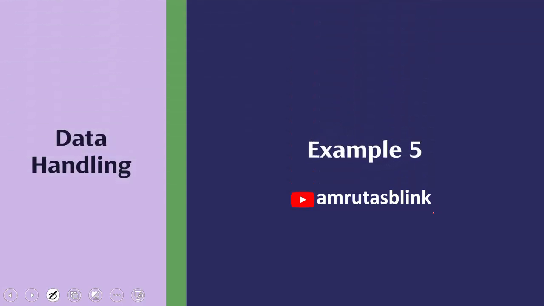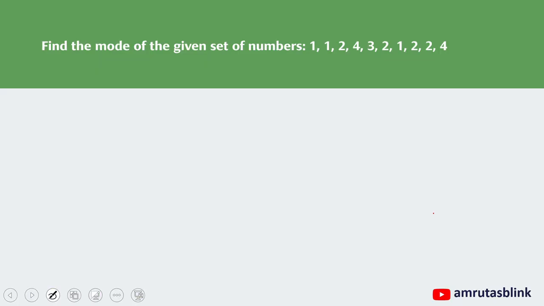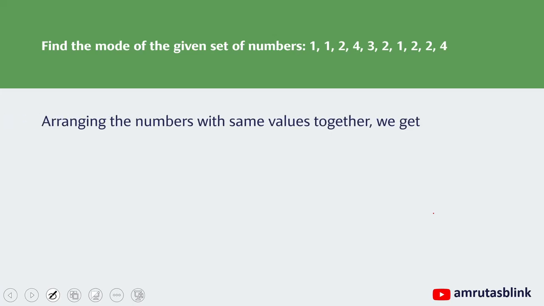Let's see example number 5. Find the mode of the given set of numbers 1, 1, 2, 4, 3, 2, 1, 2, 2, 4. In order to find the mode, we need to arrange the numbers with the same values together, so that we'll be able to find the frequency. So, 1 has occurred 3 times.